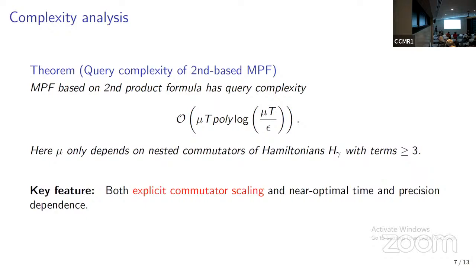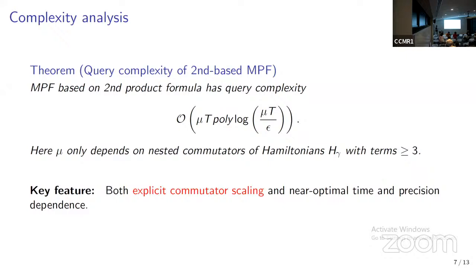The mu parameter is what we call the commutator scaling. At this point, mu only depends on the nested commutators of all of my simple Hamiltonians with terms larger than or equal to 3. So it's those nested commutators with depths larger than or equal to 2, something like that. The point is that mu only depends on the commutators.